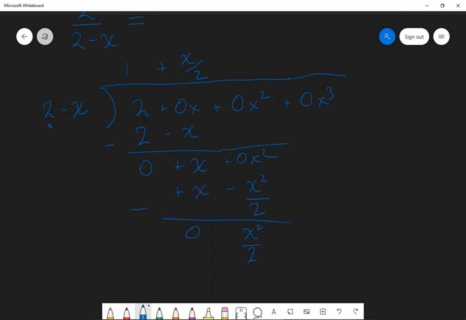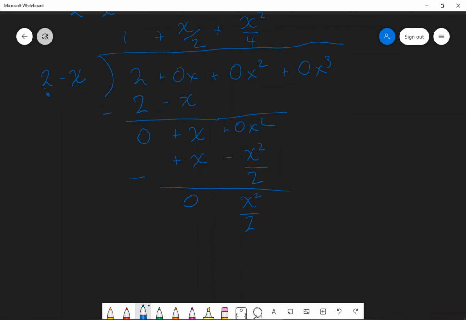How many times does 2 go into x squared over 2? It goes in x squared over 4 times. x squared over 4 times 2 is equal to x squared over 2.